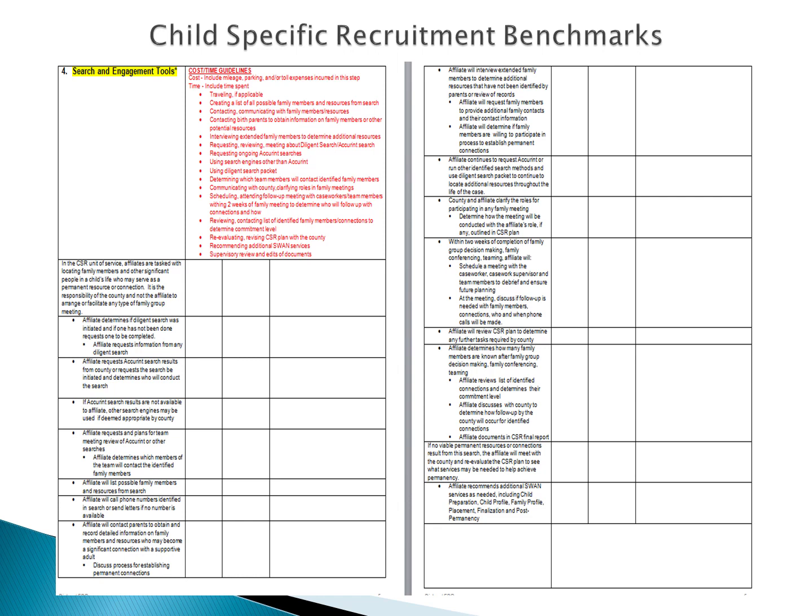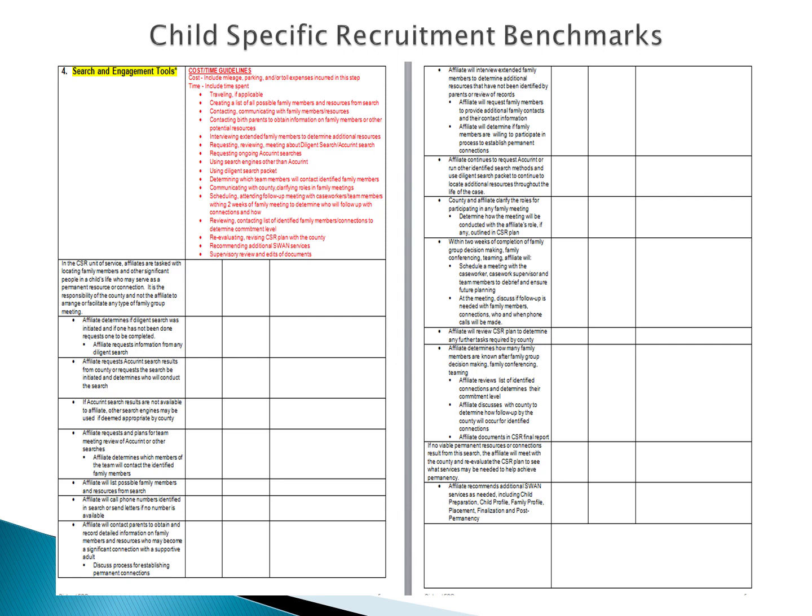Cost and time spent to review, contact, and engage identified family members and other connections to determine commitment level is also tracked. Remember to include all types of contact such as phone, social media, email, letters, and face-to-face conversations.